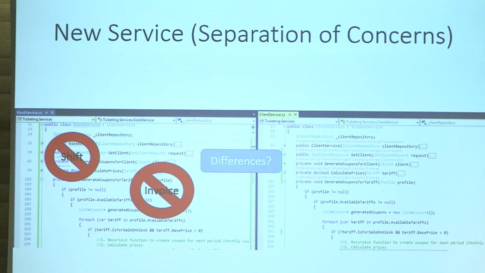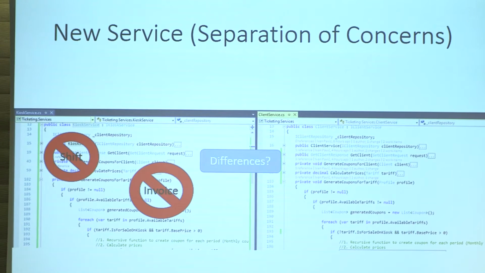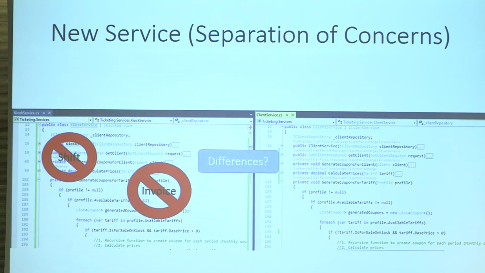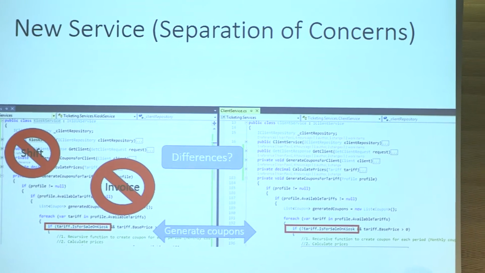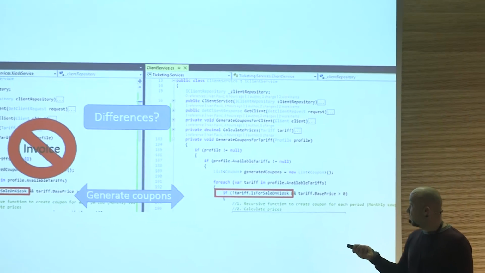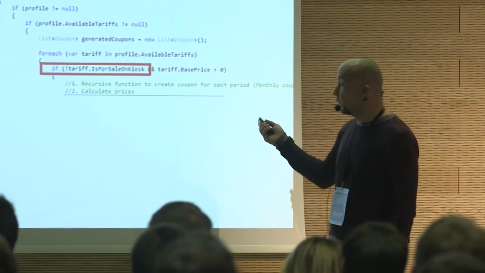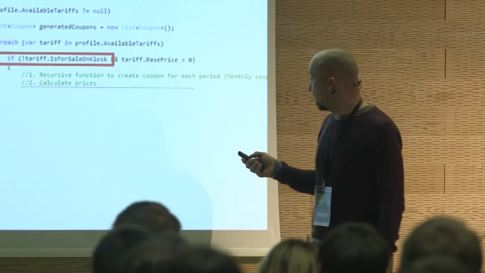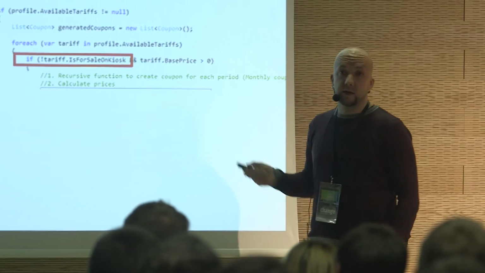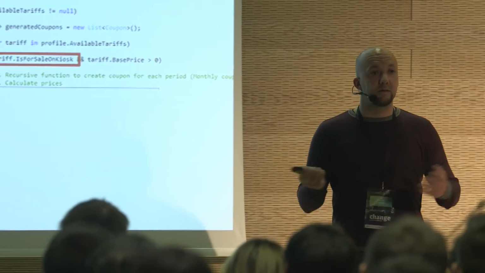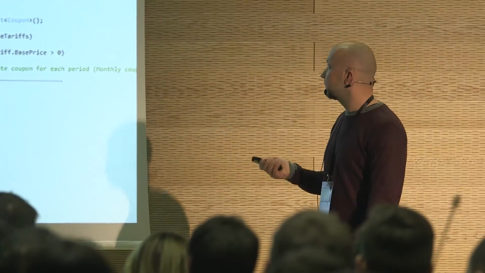But because we don't have any logic in our classes, the business logic to generate the coupons must be somewhere. So, as in the first example, we implemented it in a service class. The only difference is this one line of code, depending on the property of the tariff class, whether it's available for sale in kiosks or not.